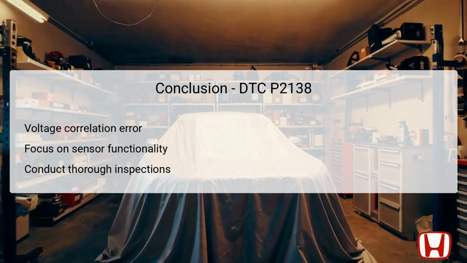In conclusion, DTC P2138 presents a critical error concerning the correlation of the accelerator pedal position sensors, which can impact vehicle performance significantly. Addressing the issue involves thorough inspections of the associated wiring, sensors, and the powertrain control module.